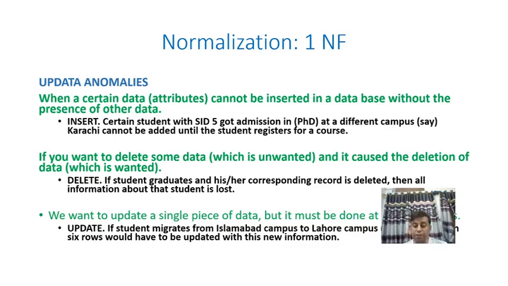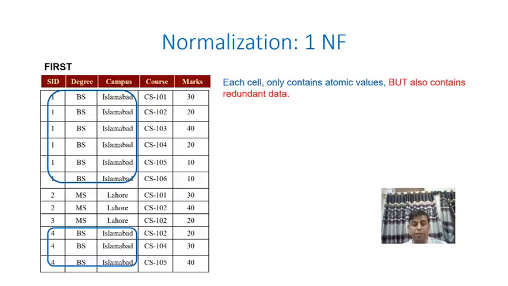It means if there is a student whose SID is 1 and who is now in campus Islamabad, and he migrates from Islamabad to Lahore, and we want to update the campus from Islamabad to Lahore, then we must make the change everywhere Islamabad is mentioned.